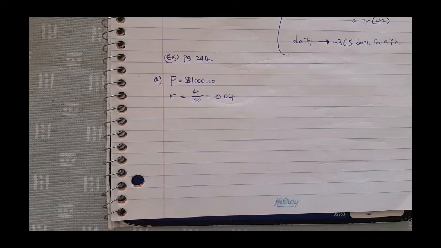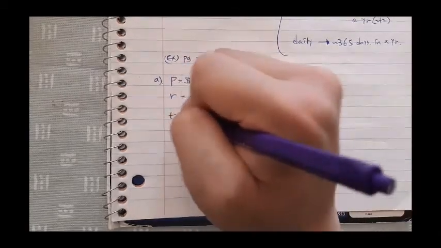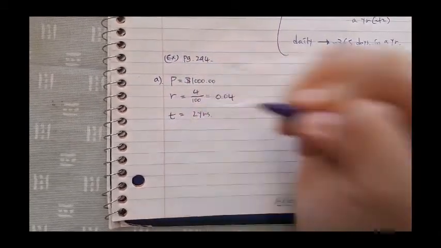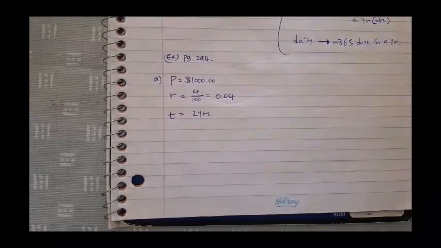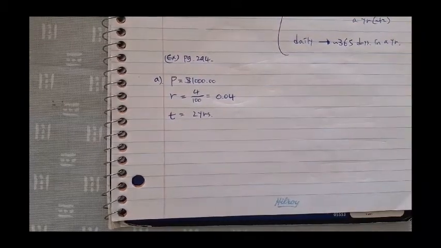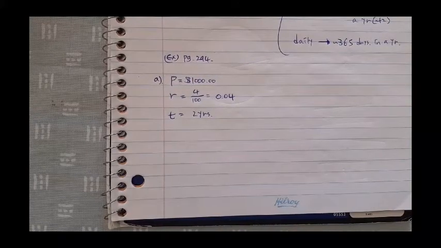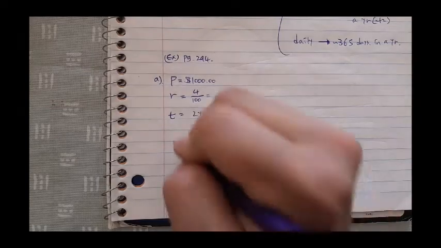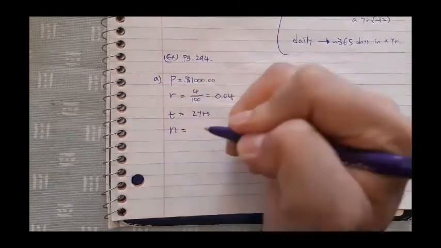We also have total term that is given. It says if you left it for 2 years. So you may notice that I am including a unit too, just because the unit is important to understand whether it's monthly, yearly, daily. And the reason that I'm doing it is because N is also given.